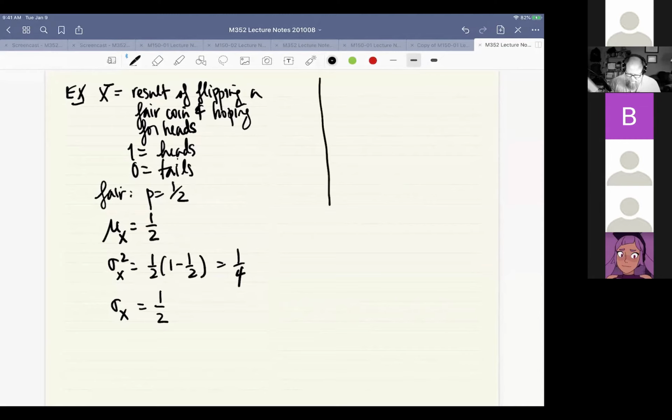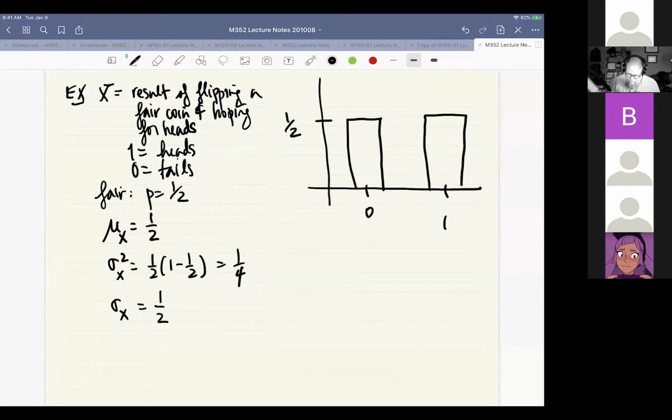So if you think about this in terms of a bar plot, you've got your relative frequency bar plot here. Your mean is right in the middle. And then your standard deviation takes you all the way down.